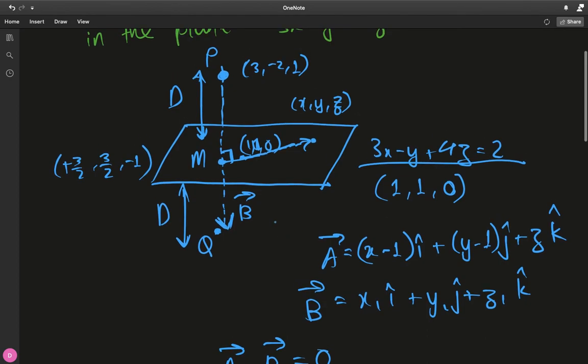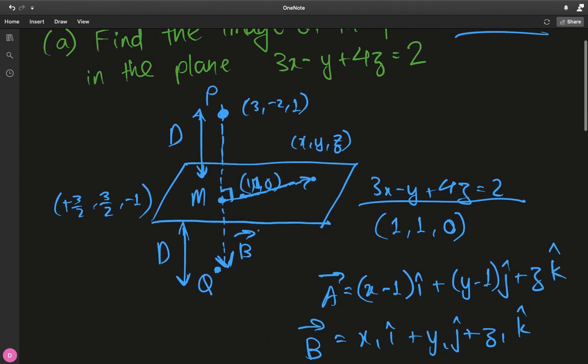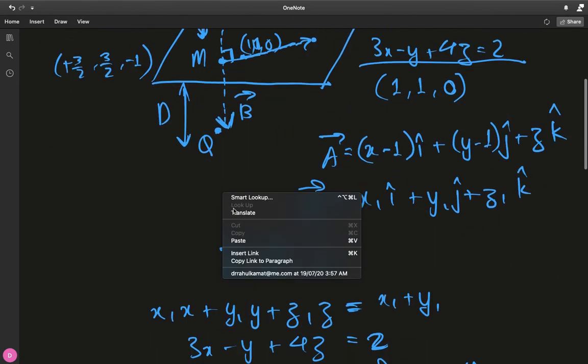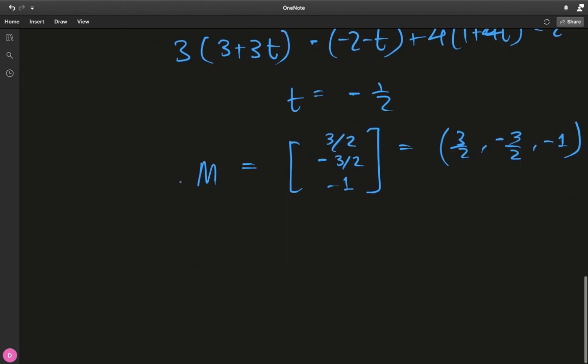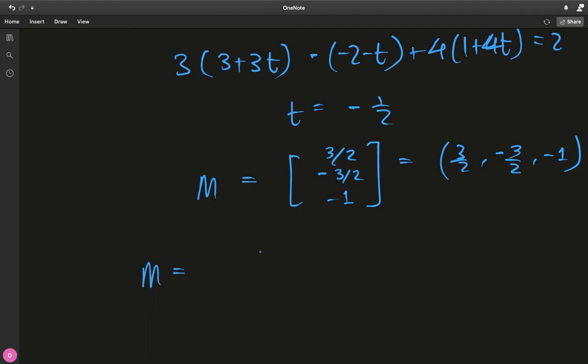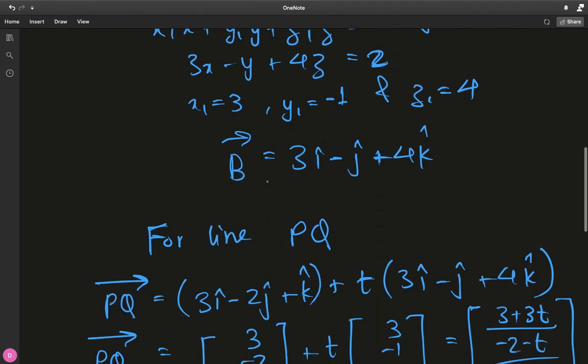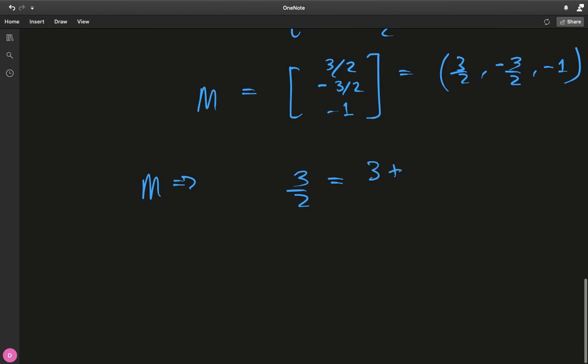So what we're going to do is use the midpoint formula and calculate Q. Since M satisfies the midpoint formula, the x coordinate of M, 3 by 2, is equal to the x coordinate of P, which is 3, plus the x coordinate of Q, call it say Q sub x, divided by 2. Basic midpoint formula.